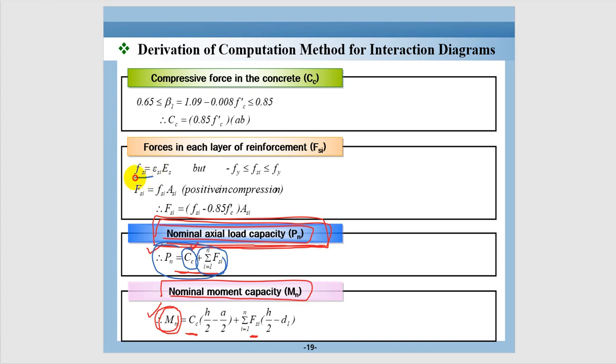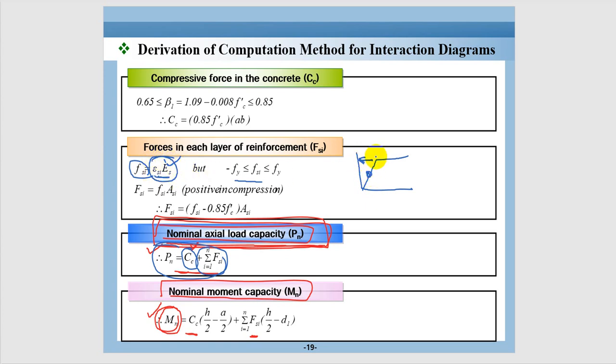See, your stress can be calculated like this, right? This is Young's modulus. But when you are in the region where it yields, you take the fy value. This is the only thing that you have to be careful about. Otherwise, you use this formula.